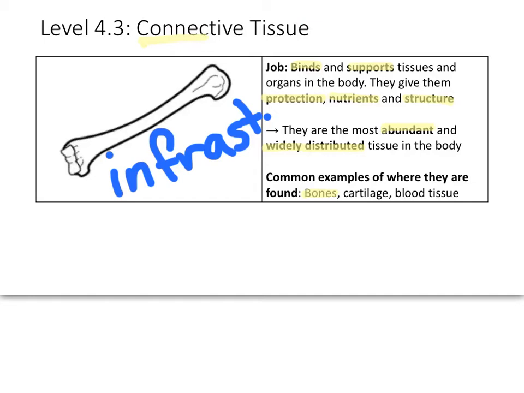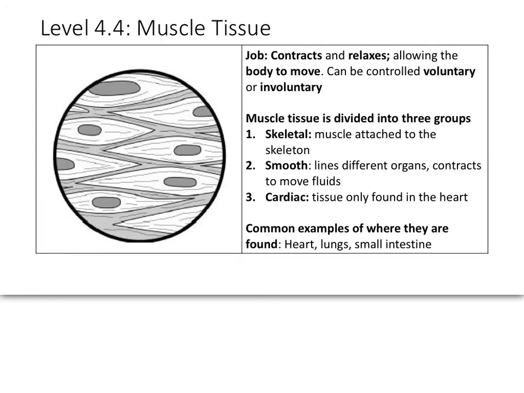So connective tissue, extremely important, but you have major variety in your connective tissue, which we're going to see when we spend a lot of time looking at different systems. So now we're going to move on to our last type of tissue, which is, you guessed it, muscle tissue. So muscle tissue, their job is to contract and relax, allowing the body to move.